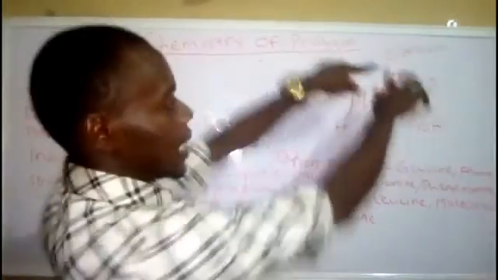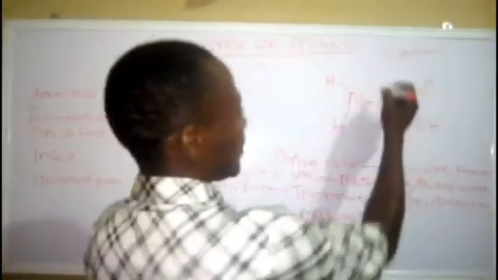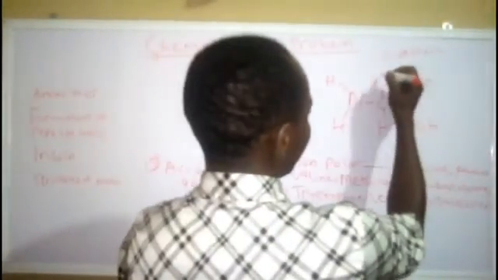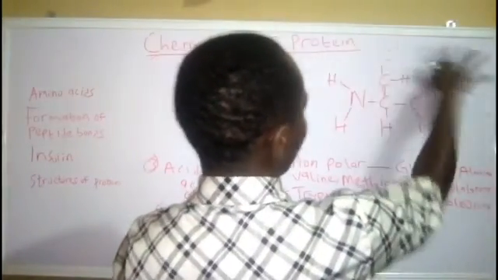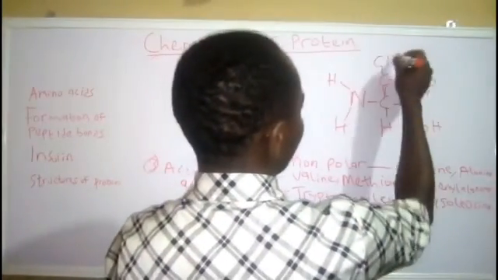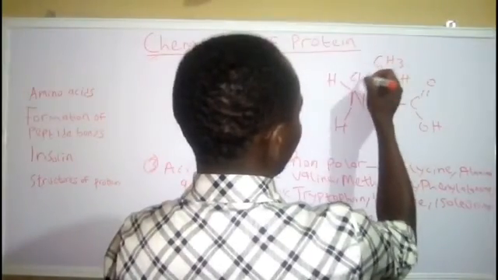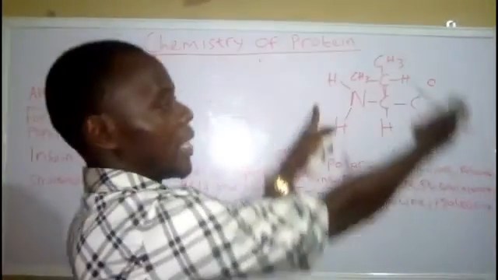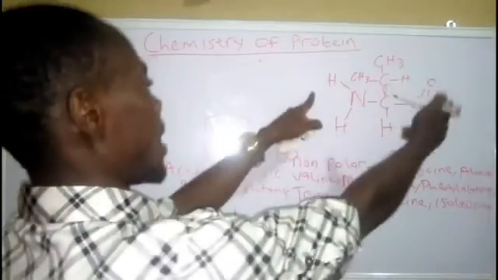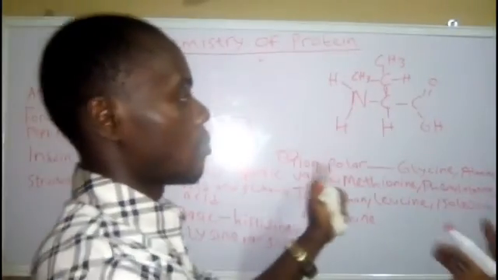Can you see? So this is alanine now. That's how to differentiate. Now the R part of valine is C, with H here, CH3 here, and finally CH3 here. Can you see? So this is the R part of valine. This is the difference between one amino acid and the other.